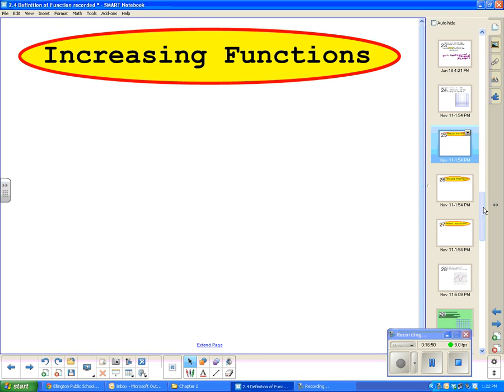Increasing functions. We'll give a definition here.